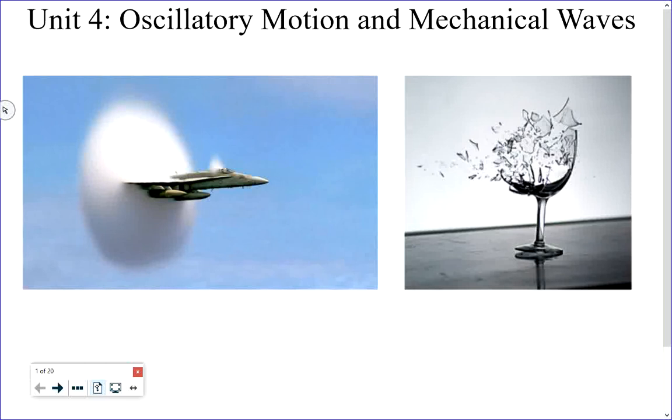So if the jet happens to fly at 320 meters per second, those sound waves start getting crowded towards the front of the jet. And as soon as the jet is moving at the speed of sound, it's creating sound waves in front of it that are just piling up on top of each other. And you hear what's called a sonic boom.